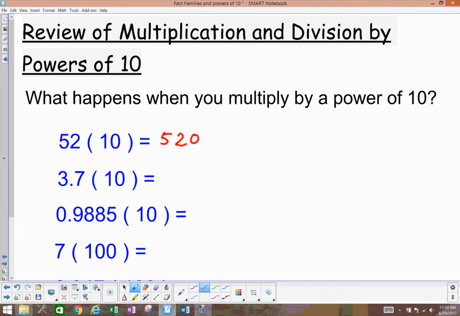So 3.7 times 10. Multiplying by 10 means I'm shifting my digits by one place value. Each place value is increased by a multiple of 10, one multiplication of 10. So when I multiply by 10, the 3, which was in the ones, will now go to the tens. The 7, which was in the tenths, will now go to the ones, 37.